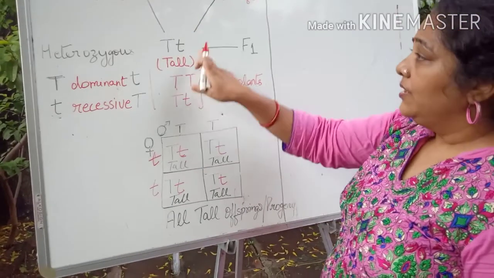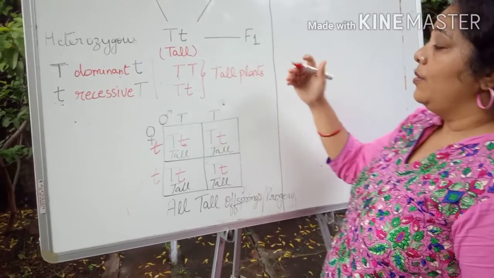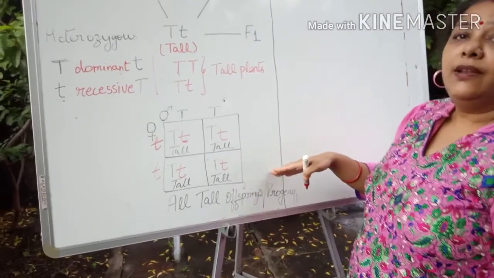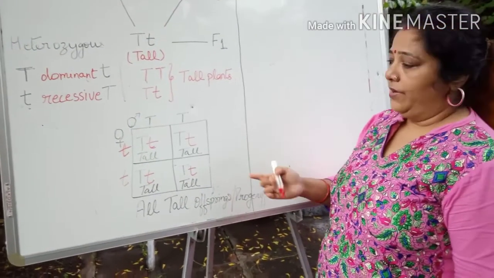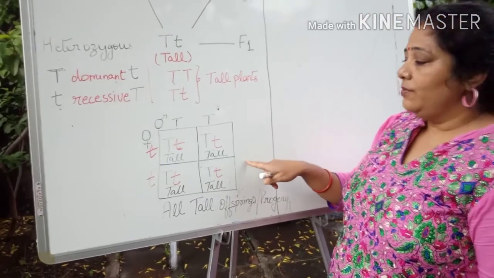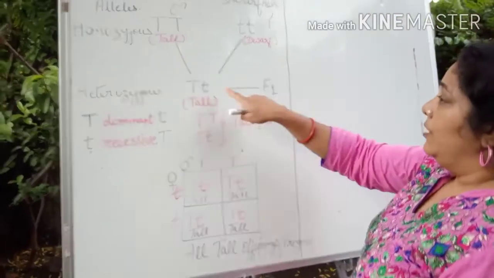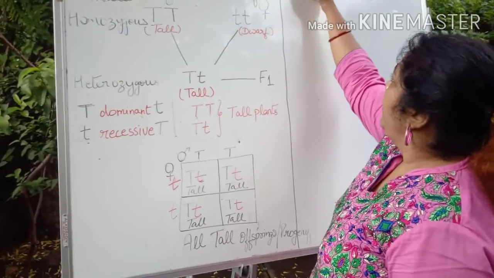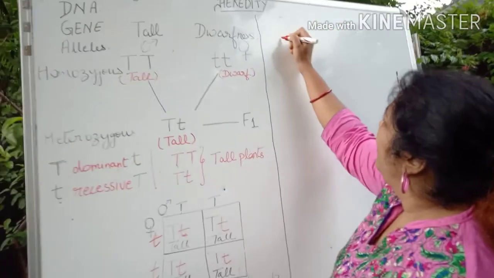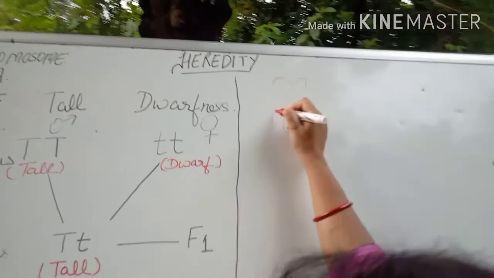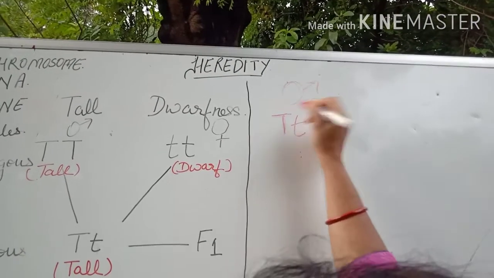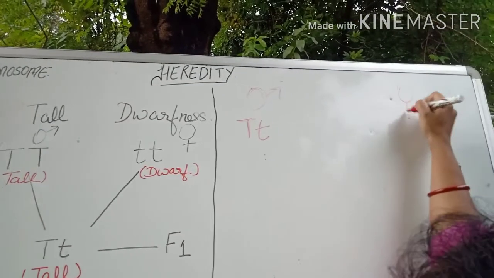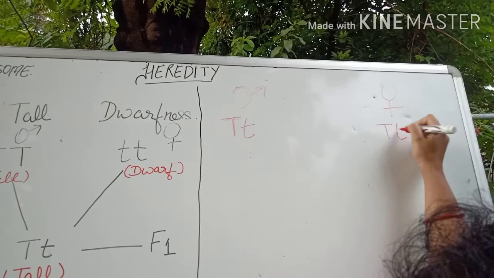Now suppose this F1 generation is now giving progeny to the next generation. Then what will happen? From this board it is going to be very helpful for you. The male parent is of this combination and the female parent is also of this combination.